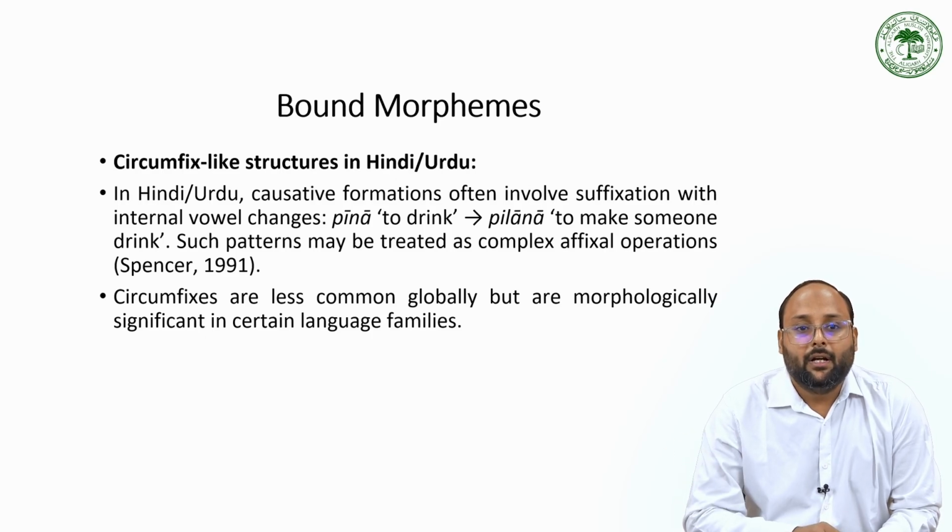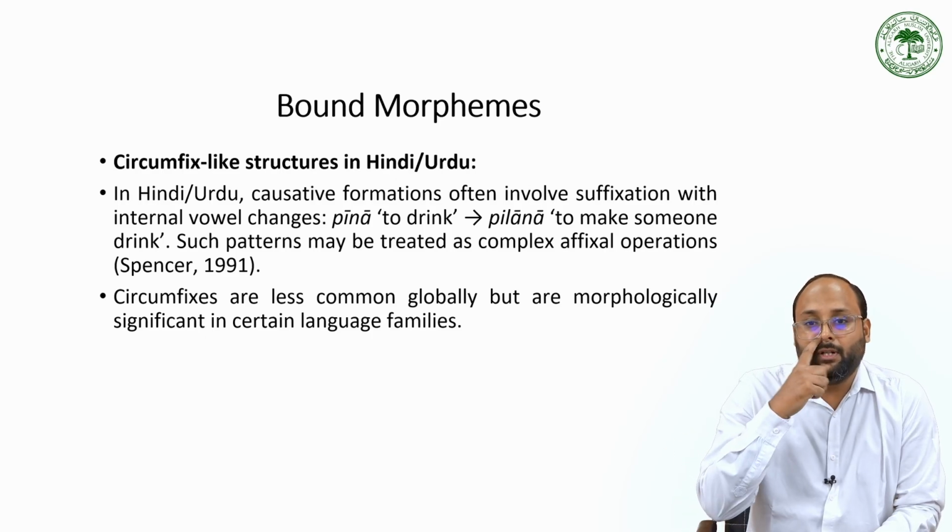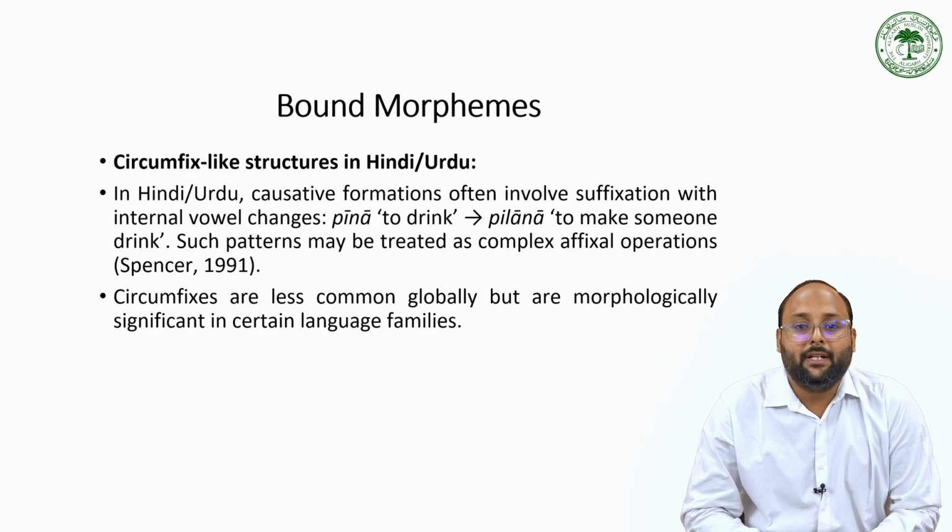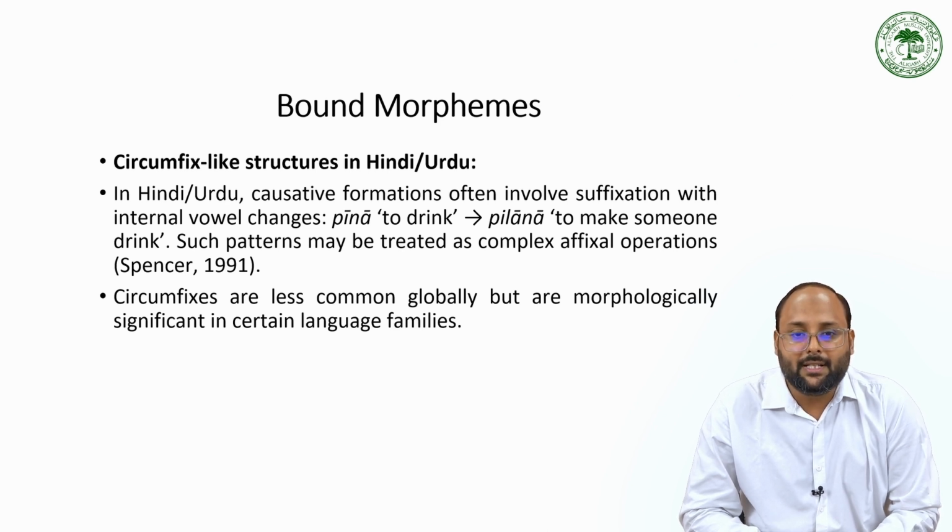In Hindi Urdu, causative formation often involves suffixation with internal vowel change, like pina, to drink, becomes pilana. So we are adding la in this example. This can be an example of an infix, not a circumfix. Circumfixes are less common globally but are morphologically significant in certain language families.